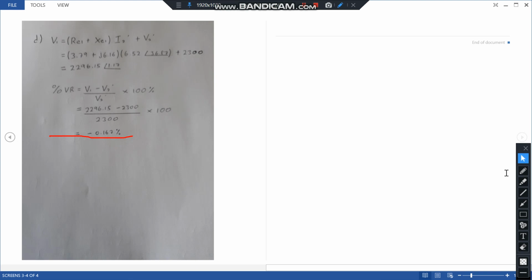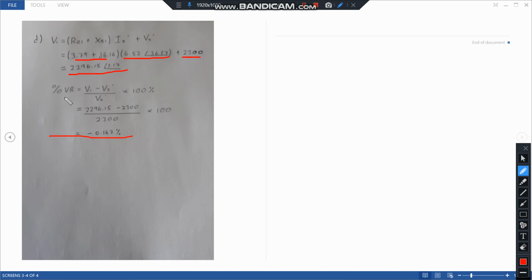This V1 is equal to (RE1 plus jXE1) bracket times I2 prime plus V2 prime. You already calculated all of this, so you just key in and you will get this answer.